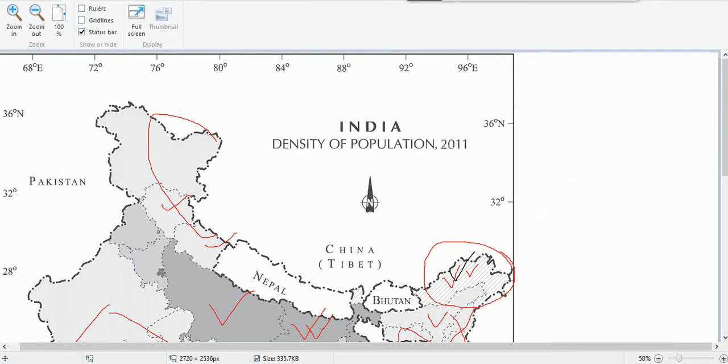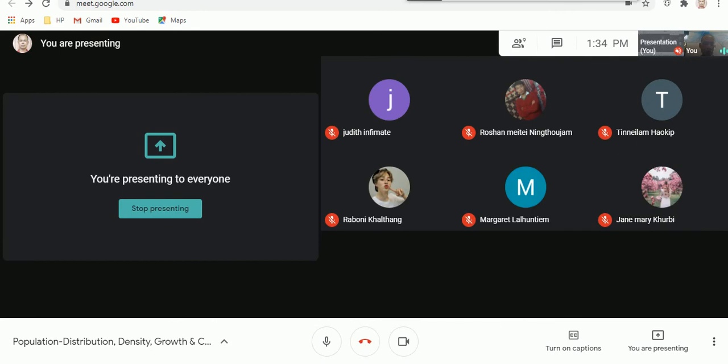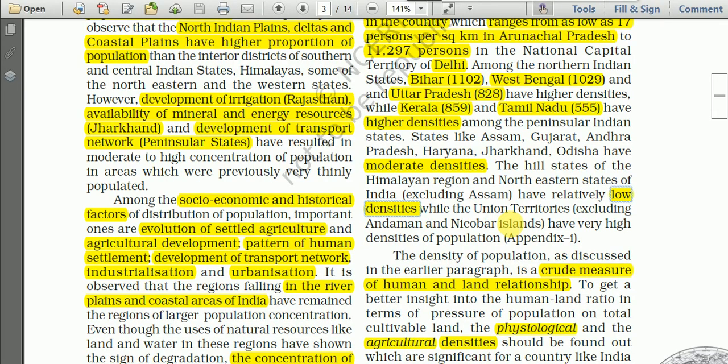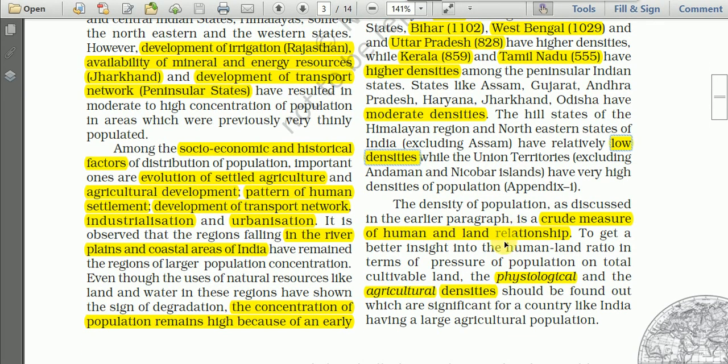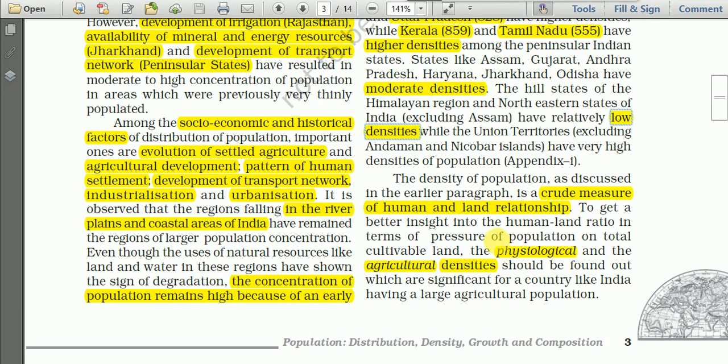So let us continue. The density of population, as discussed in the earlier paragraph, is a crude measure of human and land relationship. Simply, population density tells the ratio between the people and the land. We get it by dividing the total population by the calculated area.